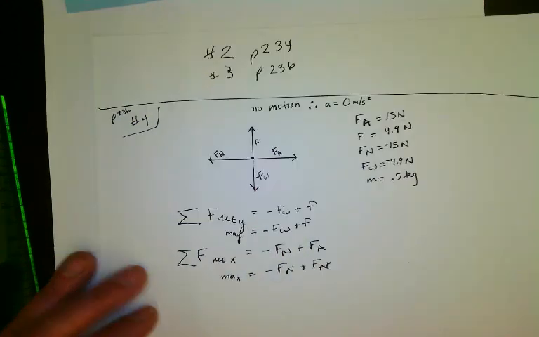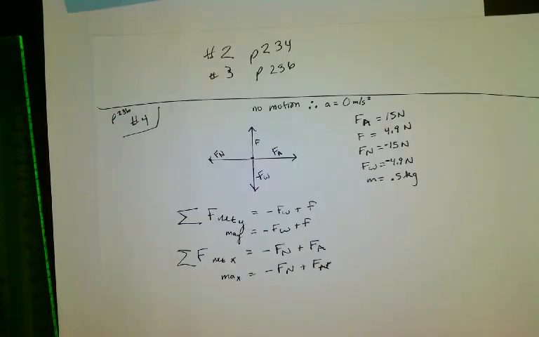Alright, now we're ready to do the problem. It says, what is the minimum force and minimum coefficient of friction to keep the book from sliding? So there, how many different inserts are you going to have, 1 or 2? How many inserts for B?